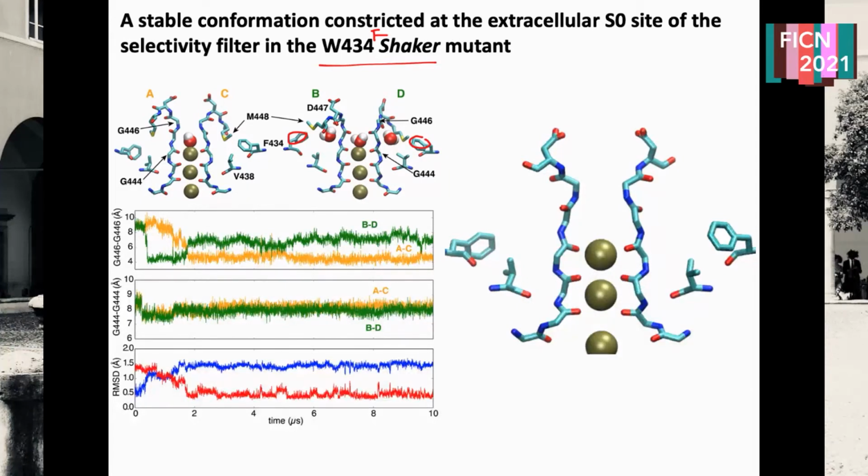And what we see is that indeed the filter would become non-conductive, but it's actually more non-conductive in an outer side. It's not the same constricted conformation. This is more like close to the S1 side. It's not the S2 side. And it also bears some asymmetry a little bit. You see, the distance is not quite symmetric between the two monomers. So even though this is often presented as being a mutation that makes channels constitutively inactive, the nature of the constricted conformation may be different for this mutant.